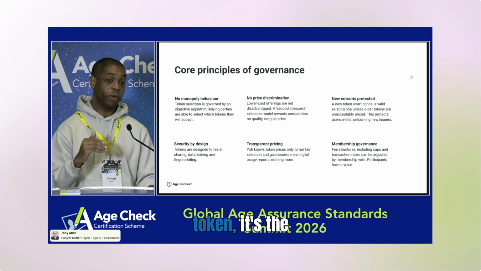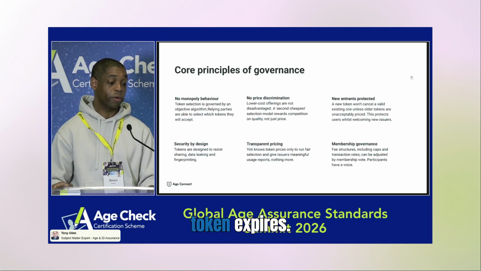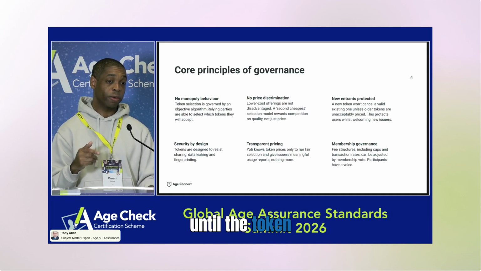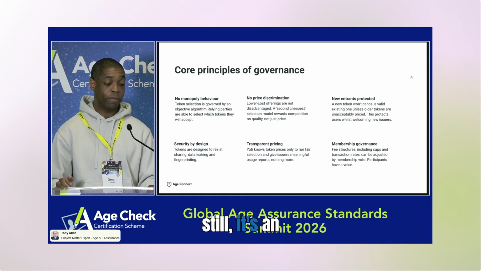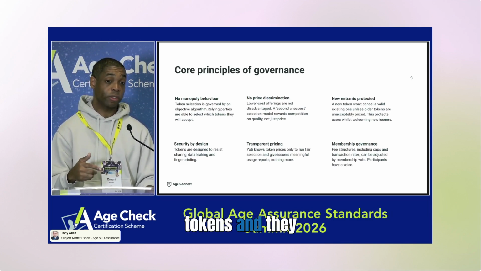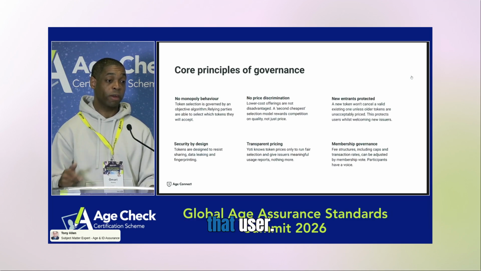It's the oldest token, it's the second cheapest token, and you'll continue to win until that token expires. The fact that it continues to win until the token expires is an important point because it then allows new entrants to come in after that token expires and reissue tokens, and they can become the new owner or the new issuer of that token for that user.